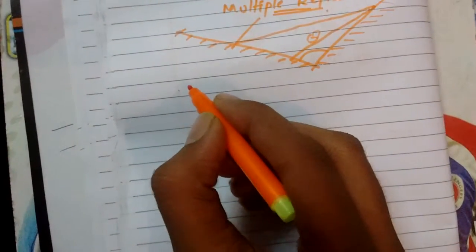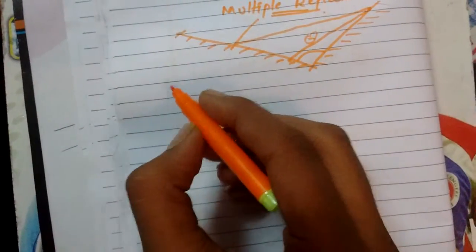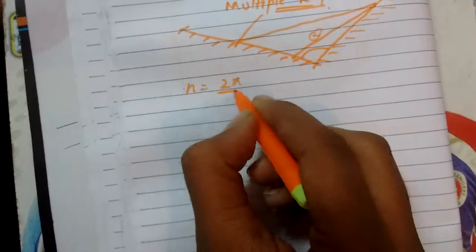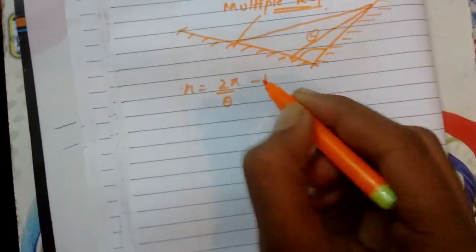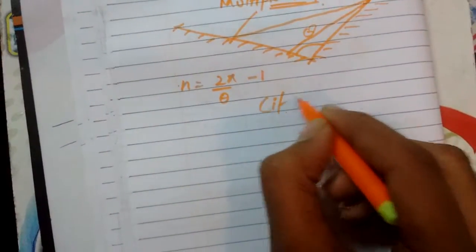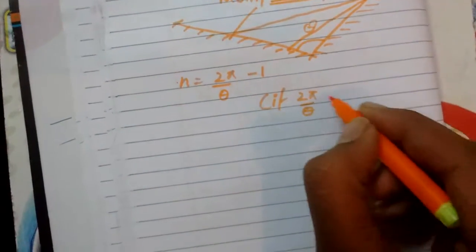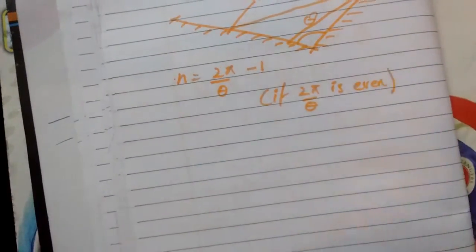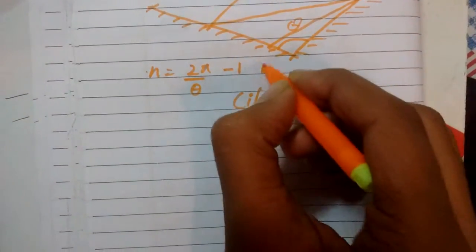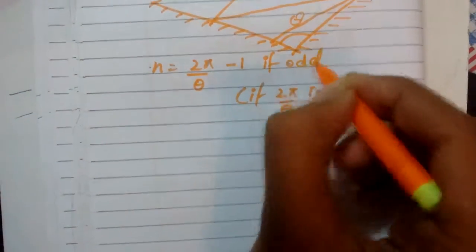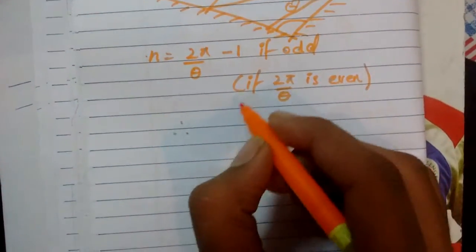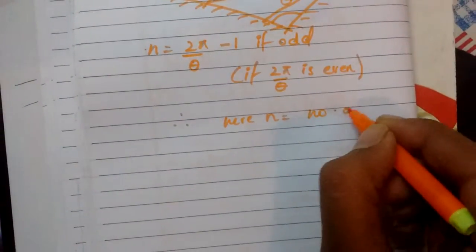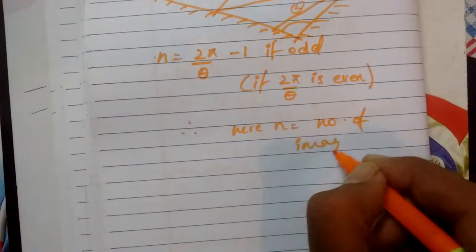If the position of the object is asymmetrical with respect to the mirrors, then n equals 2 pi by theta, minus 1 if 2 pi by theta is even for all positions, and 2 pi by theta is minus 1 if odd. Here n equals the number of images formed.